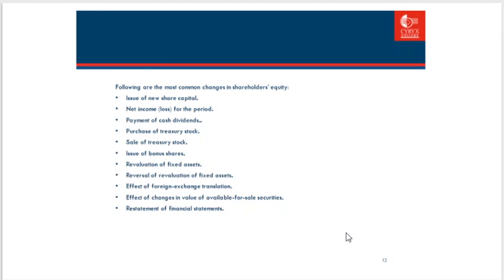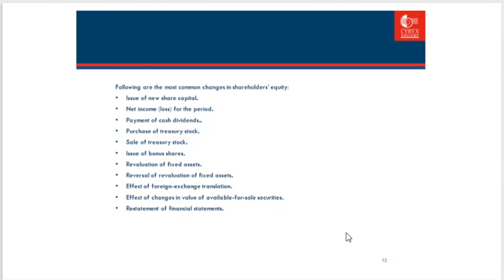Fourth, purchase of treasury stock. It increases the treasury stock component and eventually decreases total net shareholders' equity. Fifth, sale of treasury stock. It decreases the treasury stock component and affects retained earnings and additional paid-up capital, and ultimately increases total shareholders' equity.